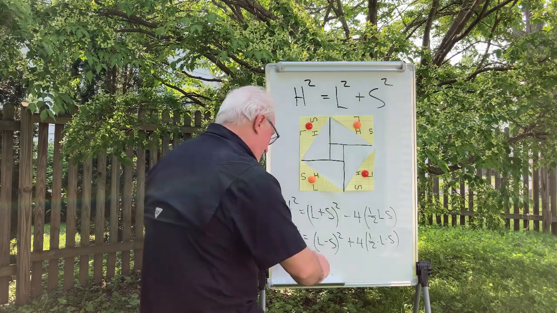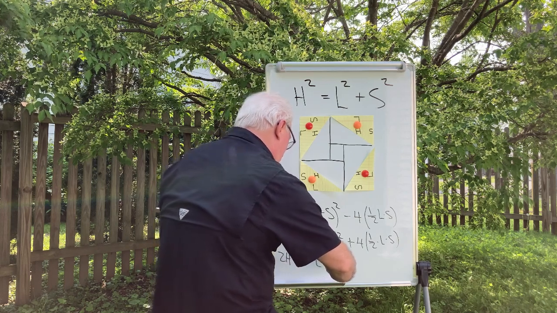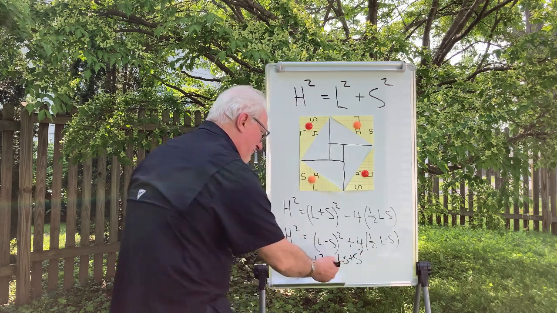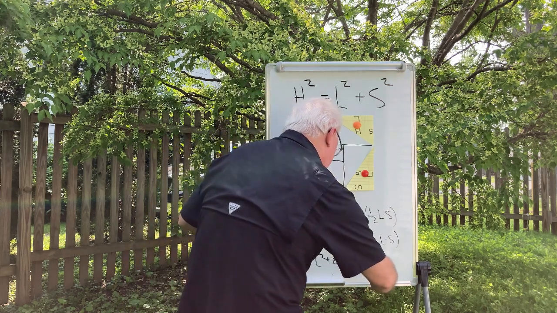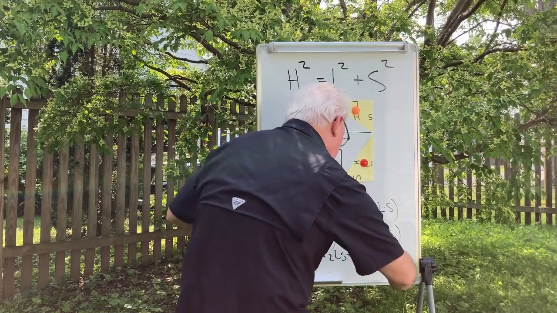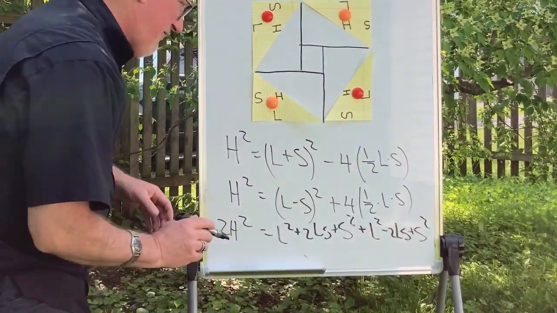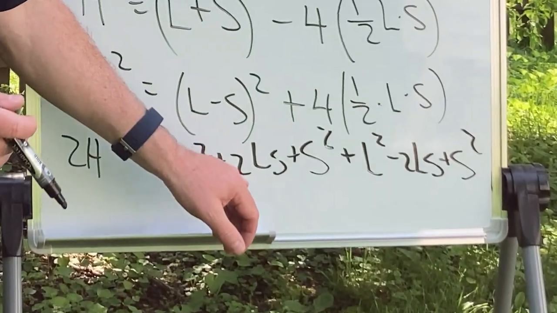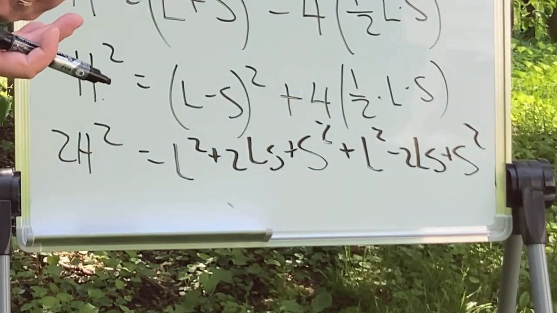And if I expand those, what I've got is L squared plus 2LS plus S squared, right? That would be the L plus S quantity squared. And then I'm going to add to that the expansion of L minus S quantity squared. So L squared minus 2LS plus S squared. Well, just like in the last example, I now have a positive 2LS and a negative 2LS, which are going to sum to 0.